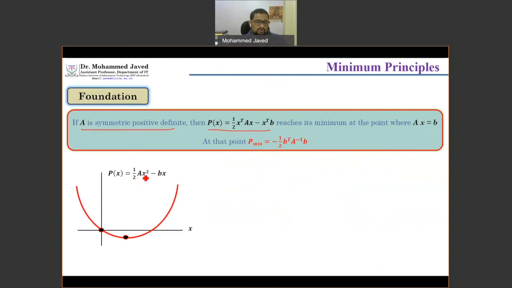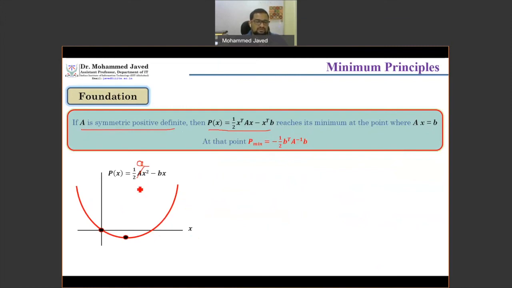So what you have to remember is that in this case, this is capital A, because this is having only one equation. In this, capital A is just A. Capital A is a scalar, it is not a vector in this case, because it is having only one variable.